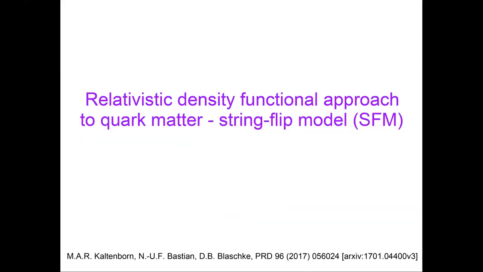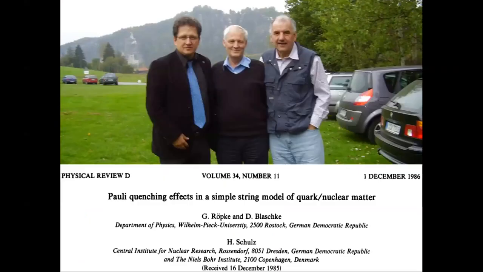Now I would like to shortly remind you of the theoretical basis of the quark matter model which we are discussing today. It is a so-called string flip model. We want to base the equation of state of quark matter on a confining model.